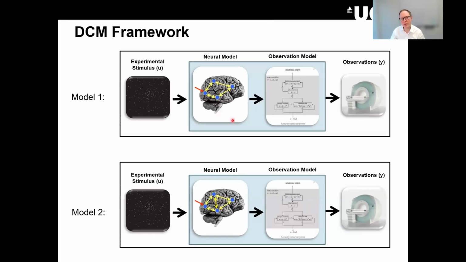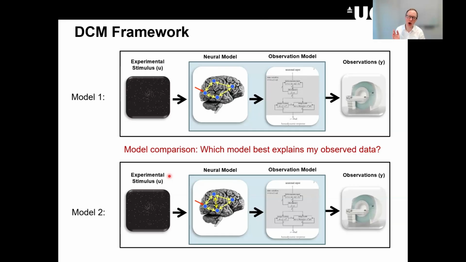Well, I would fit each model to the data. I'd perform model inversion or estimation, get the free energy for each one, and ask which one had the higher free energy. That's called model comparison, or Bayesian model comparison, asking which model best explains the data, and that is the whole point of DCM. It's doing these model comparisons.